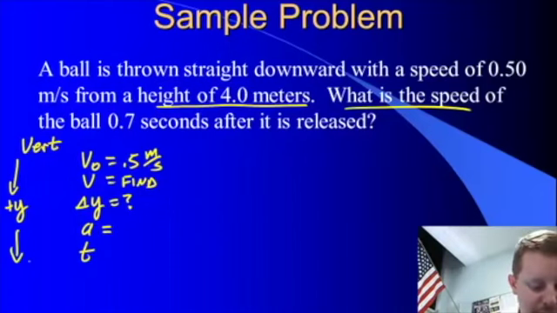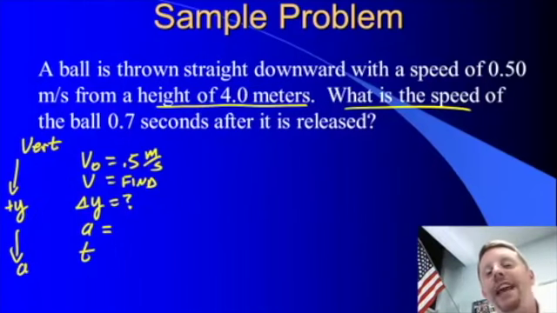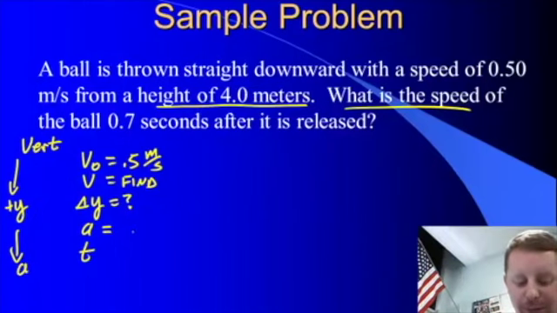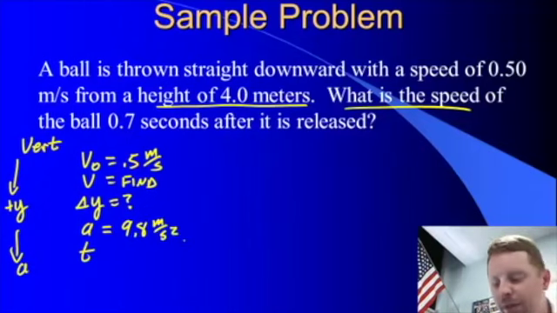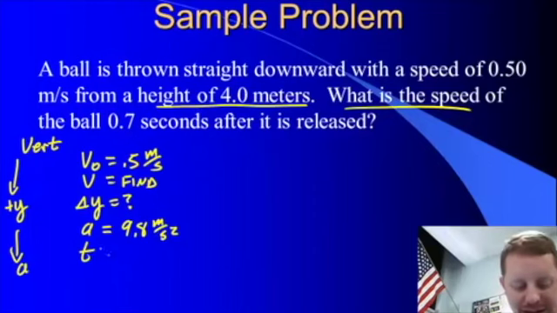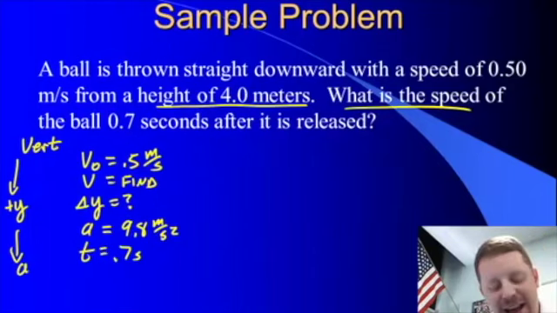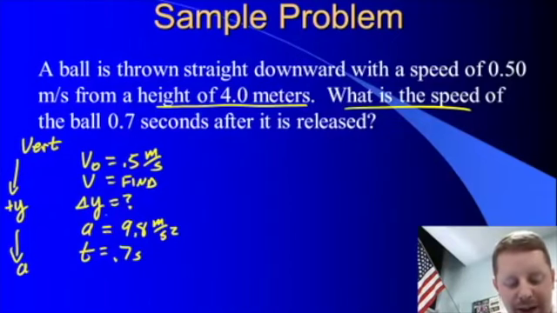Acceleration, well, acceleration points down, and positive y points down. They're in the same direction. Therefore, this must be our positive g, or 9.8 meters per second squared. And we want to know the speed after 0.7 seconds has elapsed, so t is 0.7 seconds. Now we can solve for our final velocity directly. We know v naught, v, a, and t. We have a kinematic equation with those variables in it already.